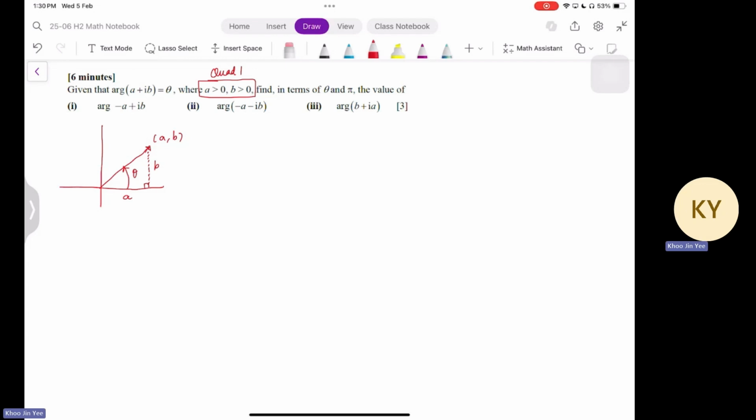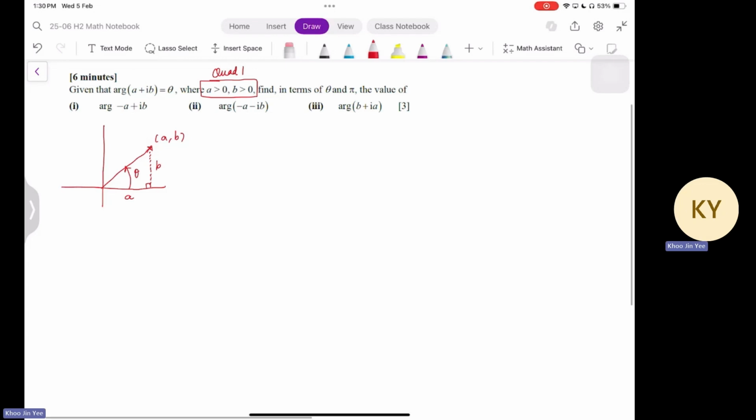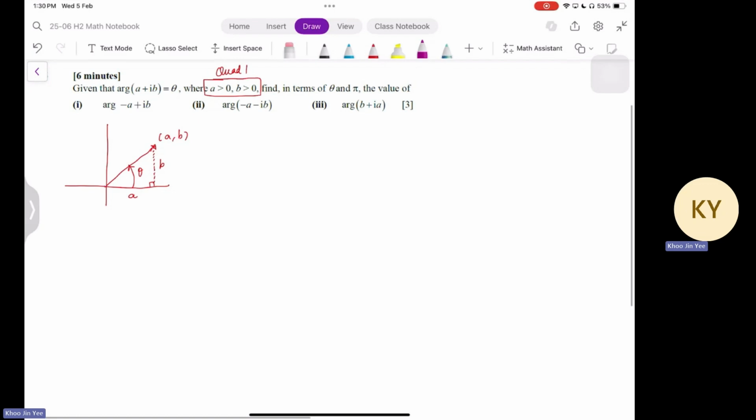Now we are looking at negative a and b, which is over here. By geometry, this would be theta. Then the question is, what is the argument of this? The reference is pi. So the argument of negative a plus ib would be pi minus the basic angle theta. This is for part 1.